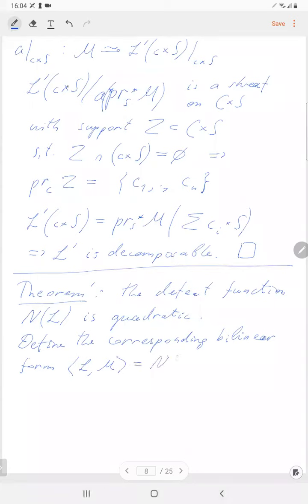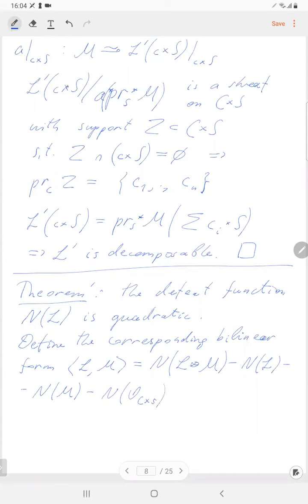So we take n of the tensor product minus n of L minus n of M minus n of the trivial sheaf, the structure sheaf of this surface.